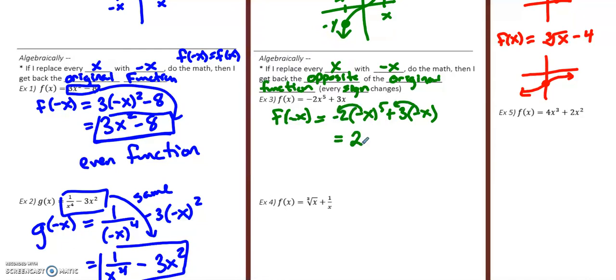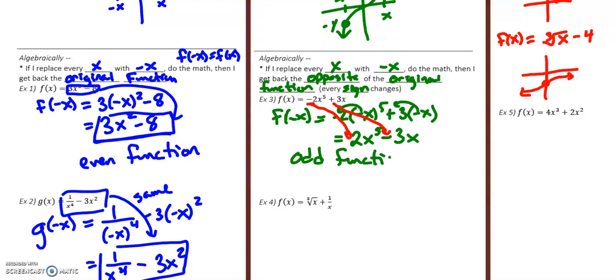So this is going to be 2x to the 5th minus 3x. So if I look at my original and my final, I had a negative that turned to a positive 2x, and a positive that turned to a negative 3x. Every sign changed, so this is an odd function.